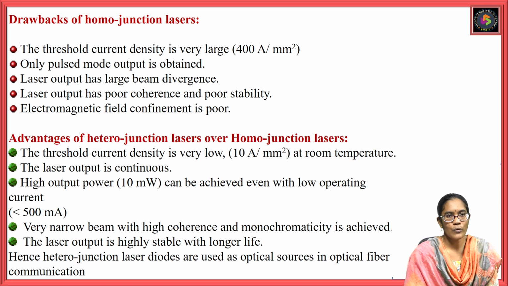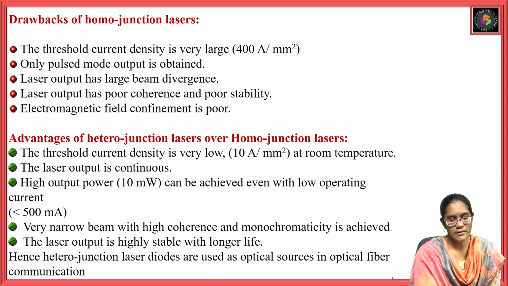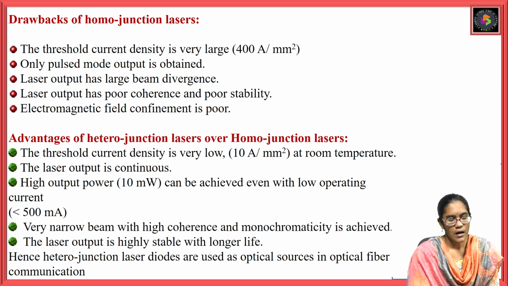In order to overcome all these drawbacks, if you use heterojunction lasers instead of homojunction lasers, there are some advantages. The threshold current density is very low at room temperature, the laser output is continuous, and a high output power can be achieved even with low operating current.